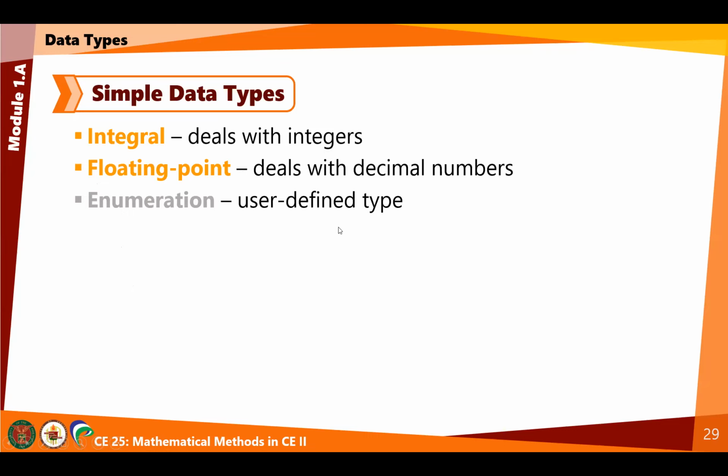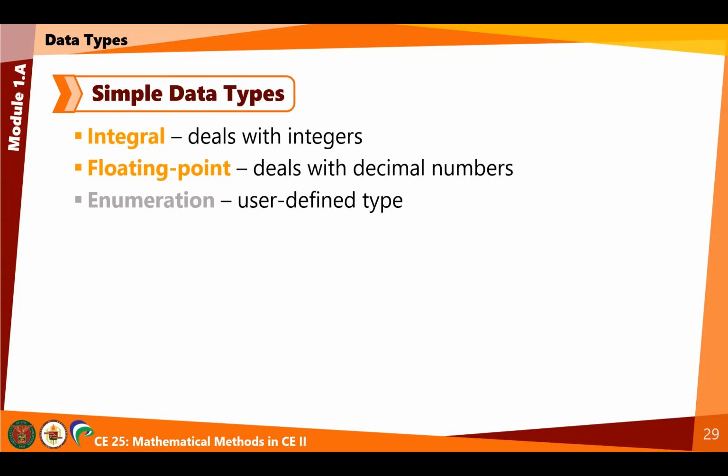So simple data types, you have an integral and you have a floating point. Okay, so integral deals with integers and the floating point deals with decimal numbers. So this is essential. There are times that you want to just use integers.